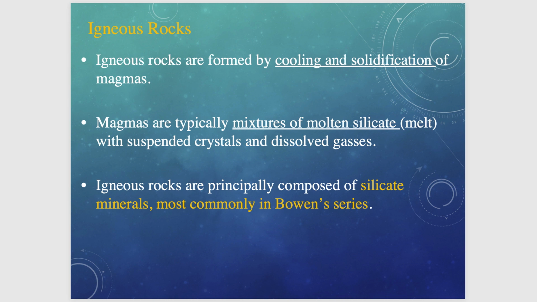This is a very important concept in earth science, which is very helpful to differentiate minerals and associate them with different types of magma. Igneous rocks are principally composed of silicate minerals, most commonly in what is called the Bowen series. The Bowen series is essentially a sequence of minerals, and we will address this concept in more detail later.